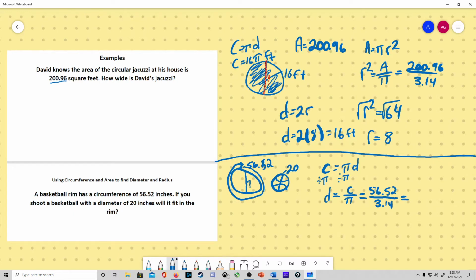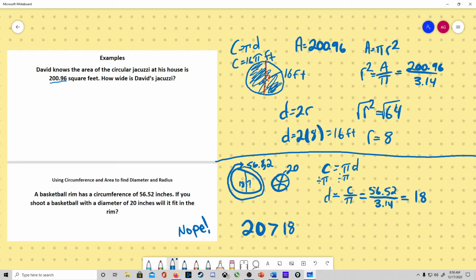And if we do that, we get 18. And so now I know that this is 18 inches. So if I think about it, if I'm shooting a basketball, it's 20 inches across. Is it going to fit in an 18-inch rim? Nope. Because 20 is greater than 18.